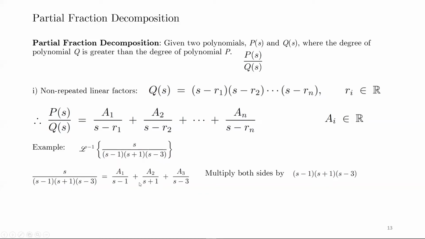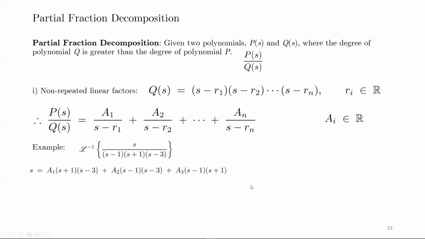Similarly, in each of these other terms, one of these linear factors cancels, multiplying the A's by the other two linear factors. So we get S on the left side, A1 times these two linear factors, A2 times these two linear factors, A3 times these two linear factors.